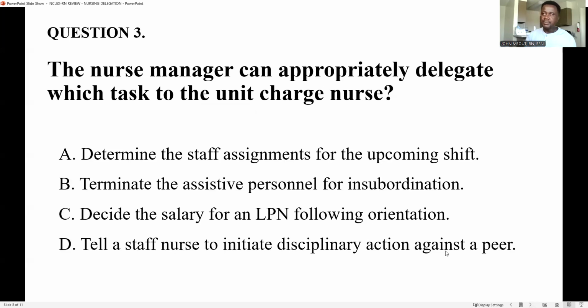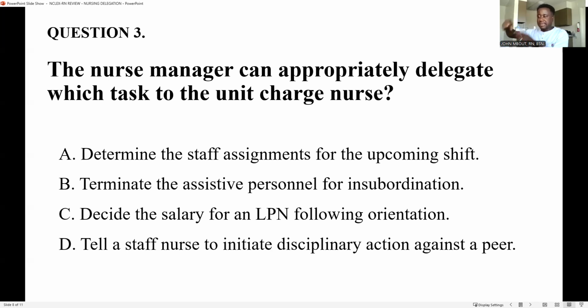Third, the nurse manager can appropriately delegate which tasks to the unit charge nurse. This is nurse manager to the unit charge nurse. Remember, when I did the review on management and leadership, where we saw the interdisciplinary team members, the supervisor, the charge nurse, speech therapist, case manager, and I gave the function of a supervisor, who can be called nurse manager, and we say they can delegate staffing to the charge nurse.